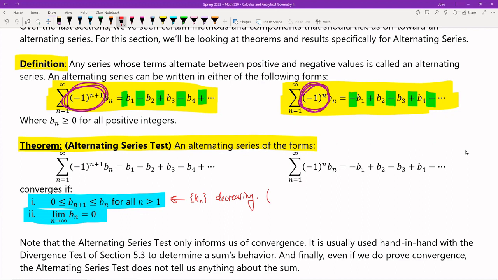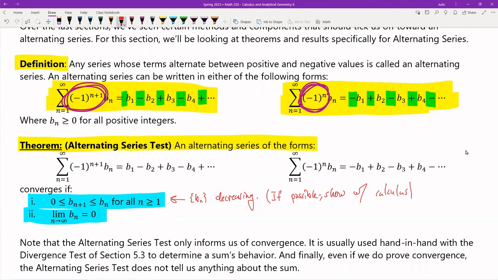If possible, show it with calculus. What I mean is if you can grab the function itself and prove that it is decreasing, that means take the derivative and make sure that it's always going to be a negative derivative. That's great.